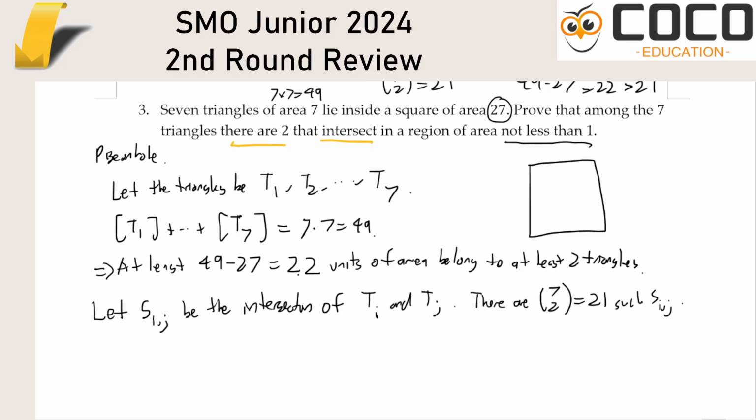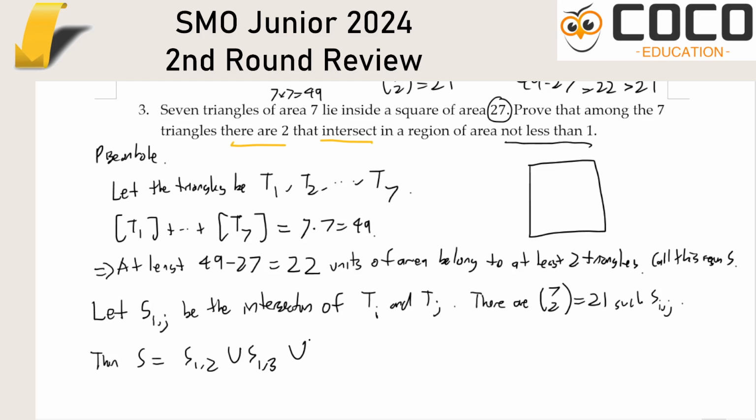Then the 22 units of area I'm going to call region S. Not the amount, right? Just the region. So S is going to be the union of all of these.